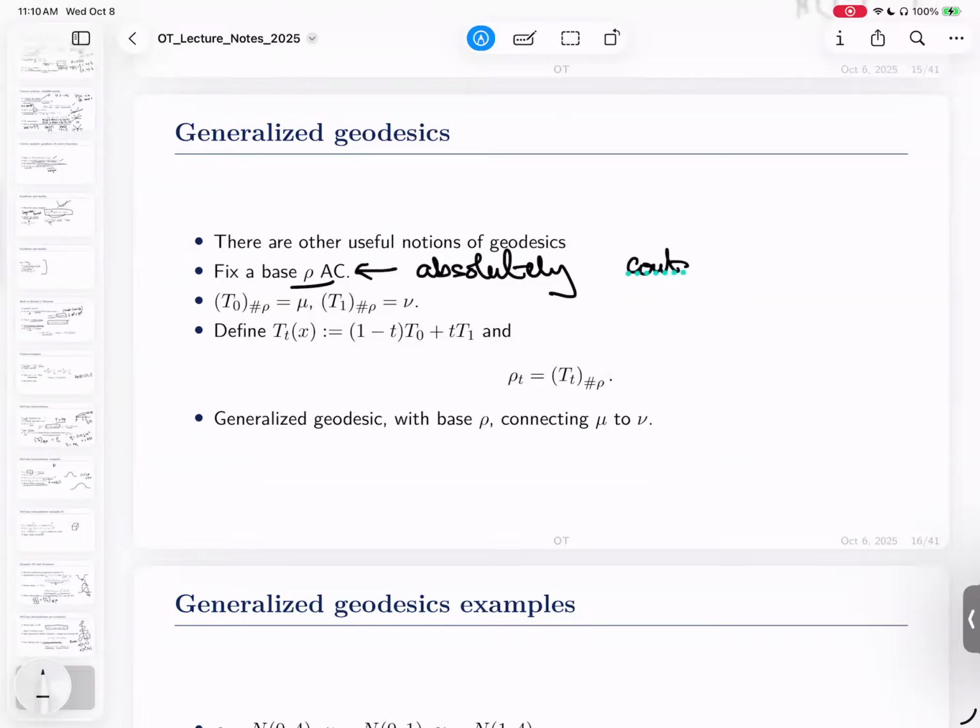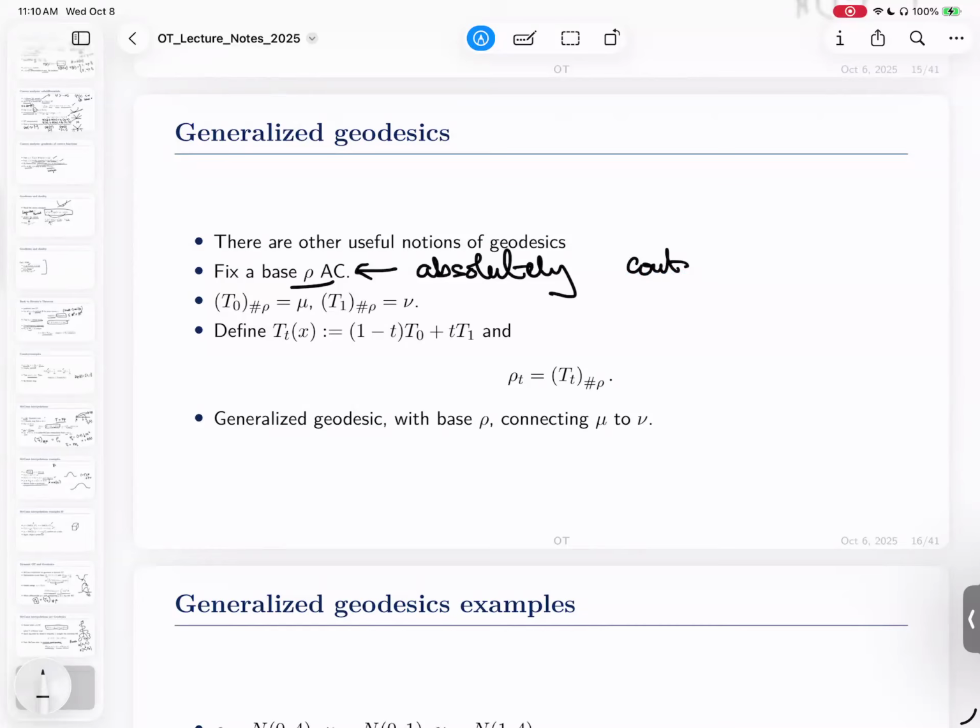And there is a certain abuse of notation which is very prevalent in this theory: when I work with absolutely continuous measures, I denote the measure as well as the density by the same notation. This is followed in all papers, all textbooks, and I'll follow it in these notes as well. So when I say rho is absolutely continuous, rho can refer to both the measure as well as its Lebesgue density.